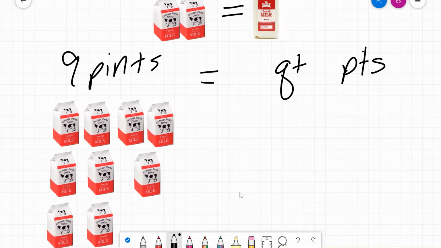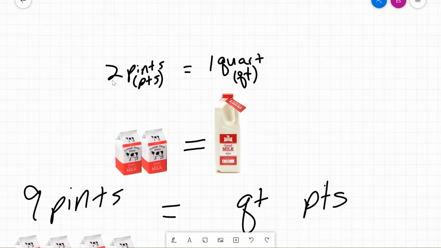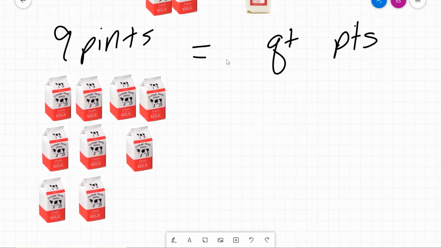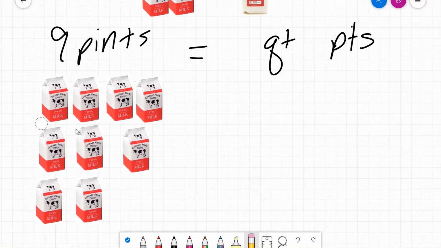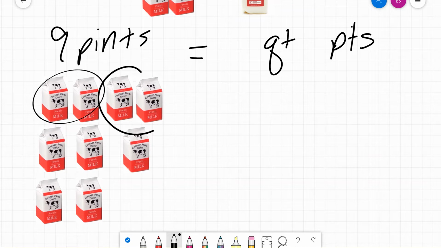Basically what we have in front of us is a division problem, because we have a big group and we want to group up the ones that can combine together to get a smaller number. So I'm just going to group these by 2, and the reason why is because 2 is our conversion unit, 2 pints per quart. So 2, 2, 2, 2.